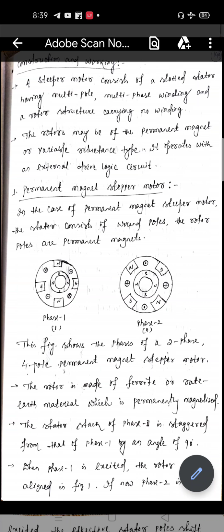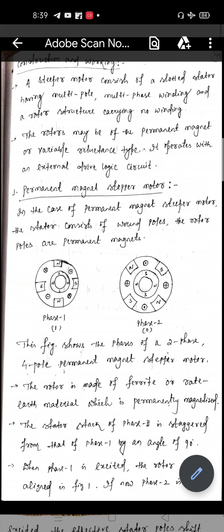The rotor, the inner part, is made of ferrite or rare earth material, which is permanently magnetized. The stator stack of phase 2 is staggered from that of phase 1 by an angle of 90 degree.